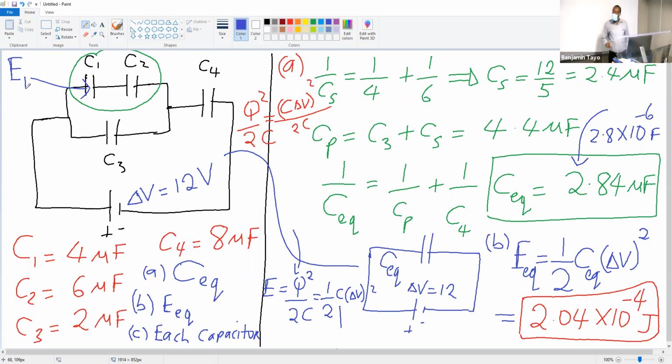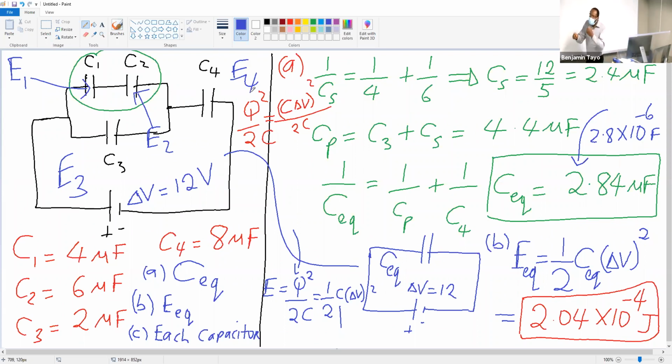What is the energy E1 on capacitor number 1? Then I'm also going to calculate the energy E2 of capacitor number 2. What is the energy E3 on capacitor number 3? And what is the energy E4 on capacitor number 4?